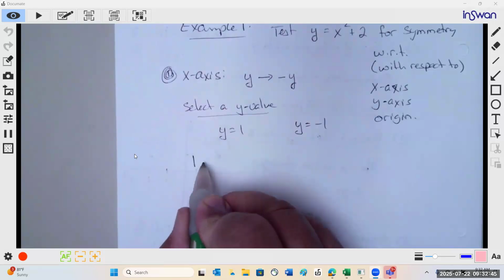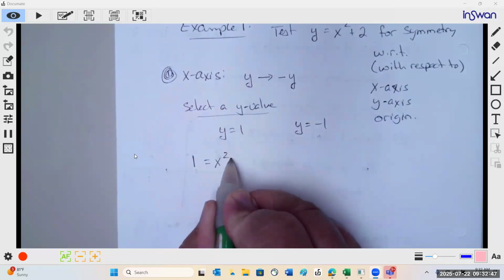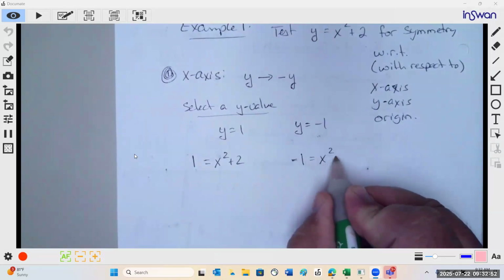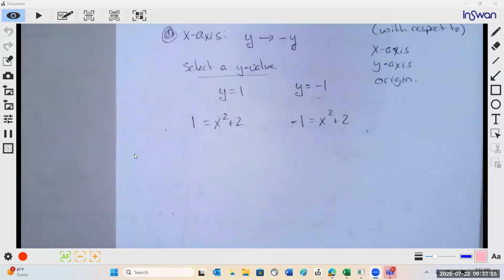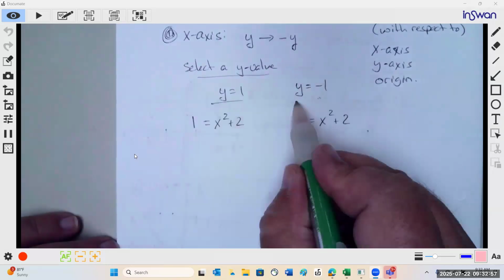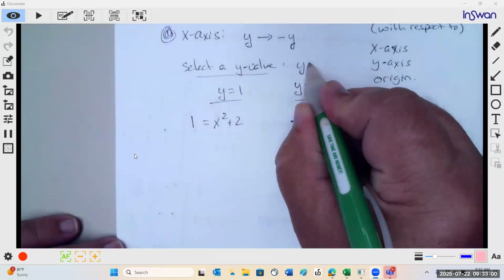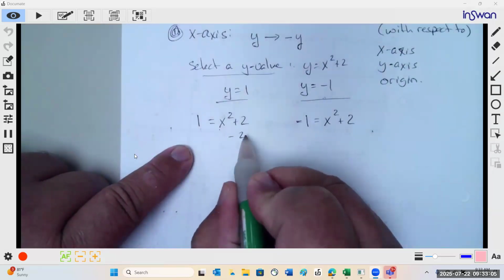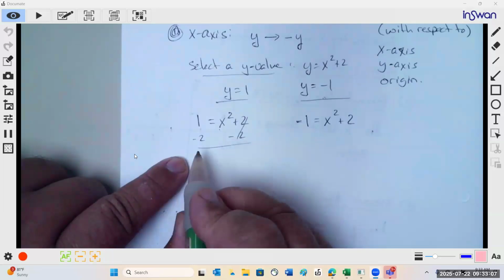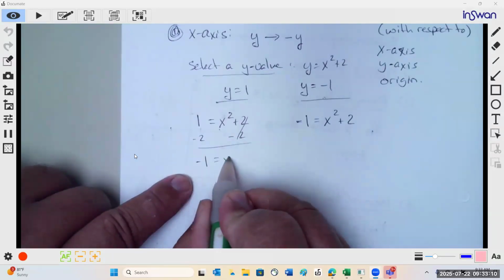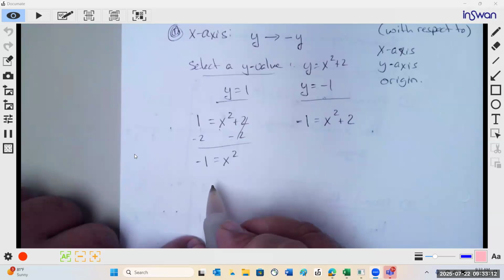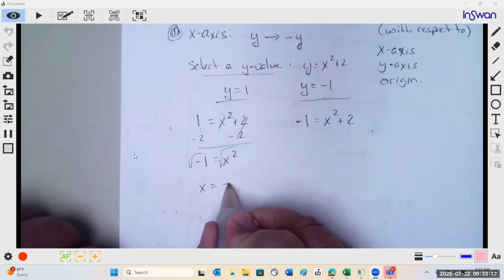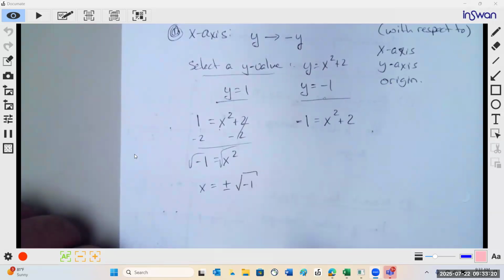Let's see. So we have 1 equals x squared plus 2. Negative 1 equals x squared plus 2. I'm using the same equation, x squared plus 2. Solve for x. Subtract 2 from both sides. I got negative 1 equals x squared. Square root both sides. I get x is equal to plus or minus the square root of negative 1.